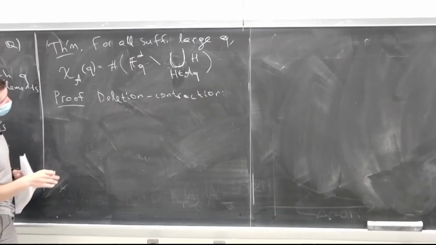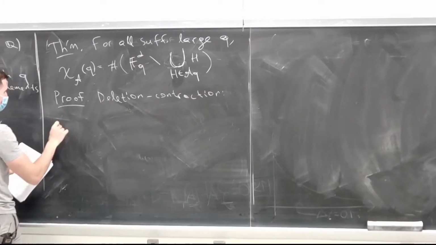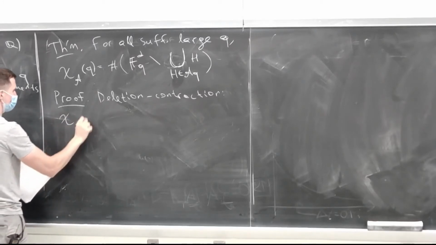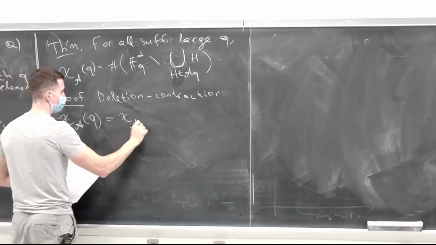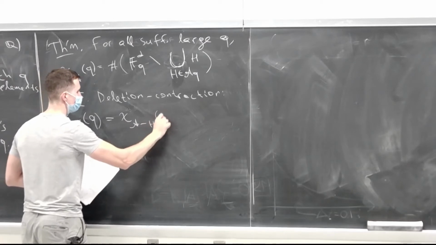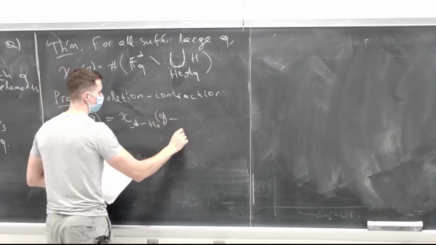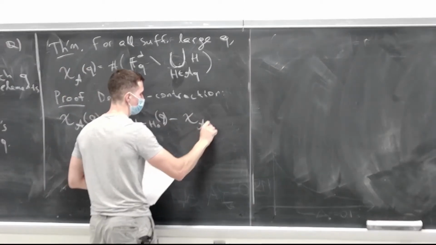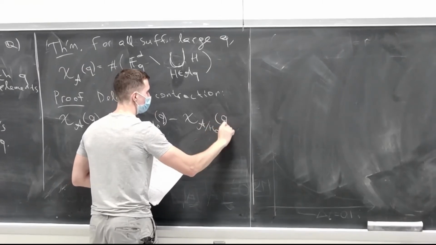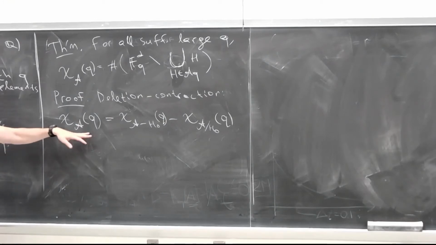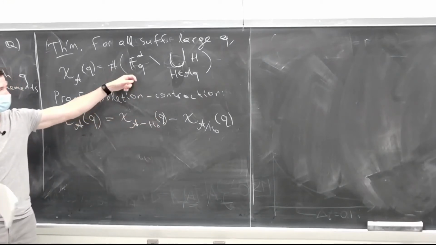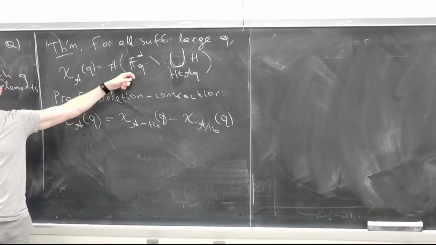That may or may not be a rigorous proof, but here's a sketch. We want to show that chi_A(Q) is equal to chi_{A minus H0}(Q) minus chi_{A contract H0}(Q), and you want to show that the same recurrence is satisfied by these numbers of points.